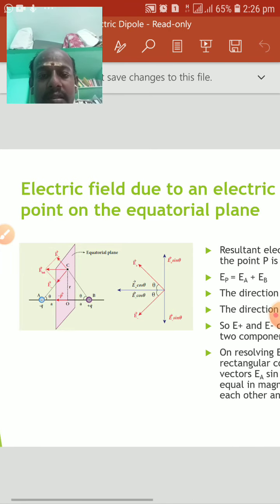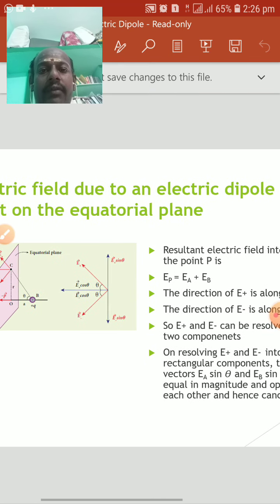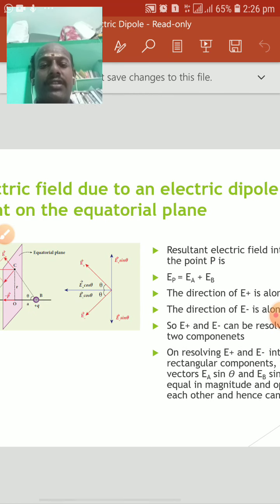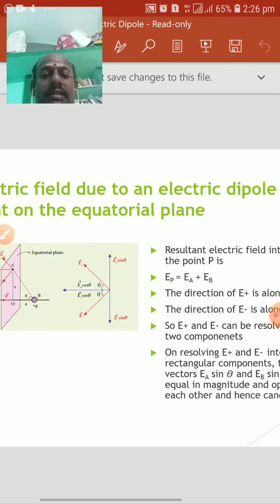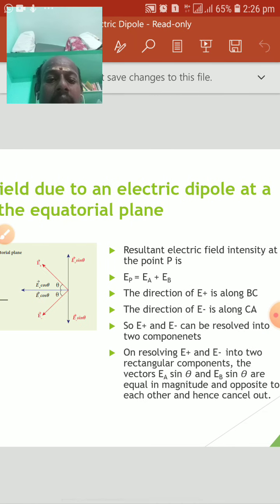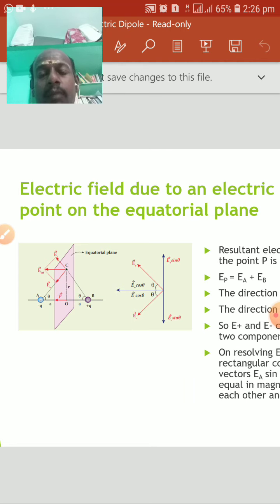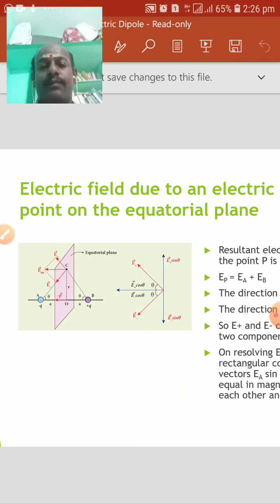So now I am considering the point C. Here in the notation I have given P. Okay, you can just change it into E_C. Right. Now the direction of E plus is along BC and direction of E minus is along CA. See, E plus will be moving out from the charge, E minus will be moving towards the charge.